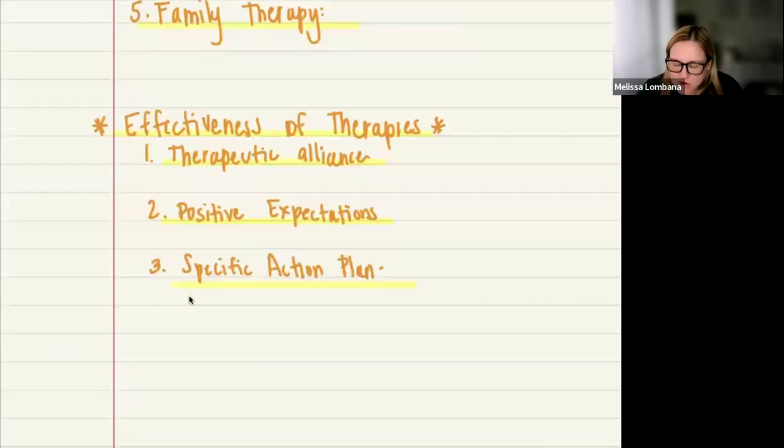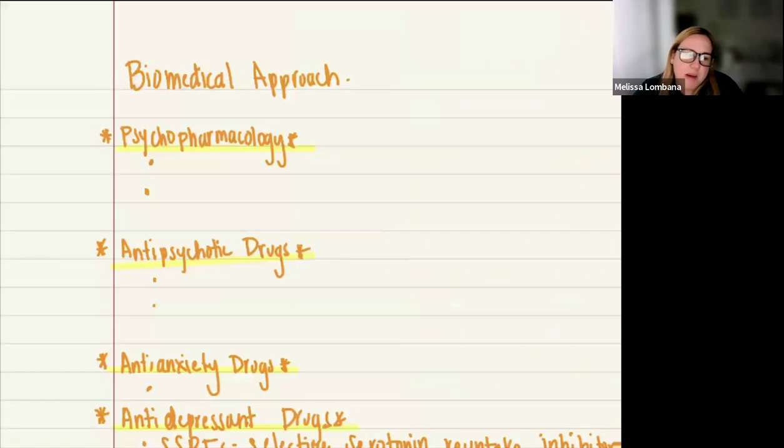And then we're going to go to the last section, which is the biomedical approach. The biomedical approach looks at what's called psychopharmacology, which is basically the study of the effects of drugs on the mind and behavior. Now, in order to get to this point, they have to do research.